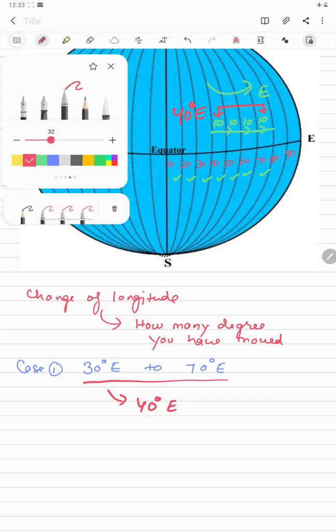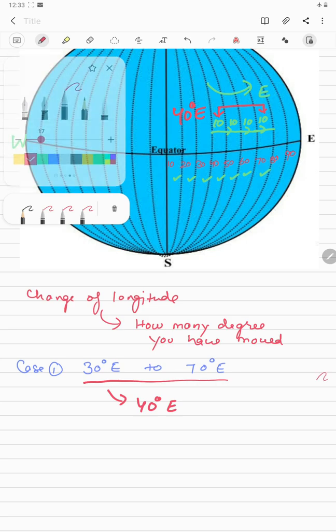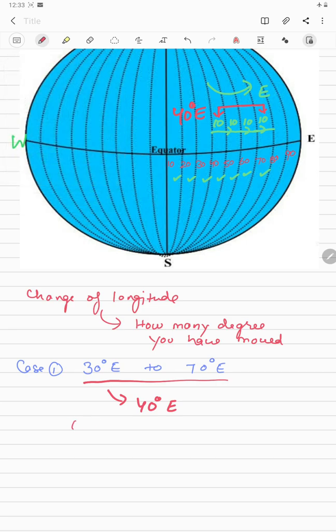So guys, understand one thing. What we have understood from this case is, if you have east and east longitude, the same longitude lying in the same direction, like both are in the easterly direction, then you have to subtract the both and you will get your answer. For example, we have the 30 degree east and we have the 70 degree east.